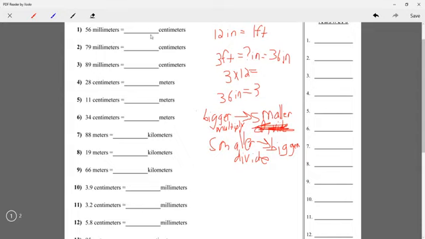Now, I know that 10 millimeters equals 1 centimeter. Okay? So, since 10 millimeters equals 1 centimeter, I'm going from a smaller to a bigger unit. I'm going to divide 56 by 10.